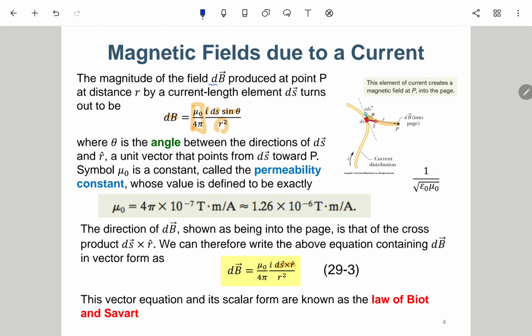Actually, you can compare this one with Coulomb's law in chapter 21. Coulomb's force is something like F equals 1 over 4 pi epsilon naught, and then we have Q1 Q2 over r squared. So we have r squared here, we have 4 pi. Here we have epsilon naught; we have mu naught on the top.